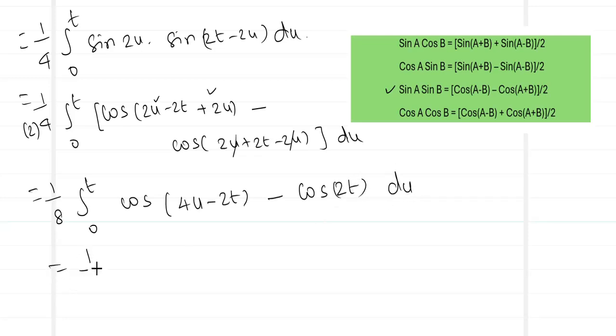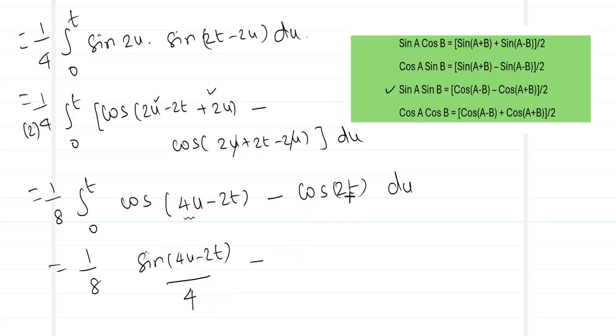Now when I integrate cos of 4u minus 2t du, it gives me sine of 4u minus 2t divided by the constant value with u, which is 4. So it will be divided by 4.